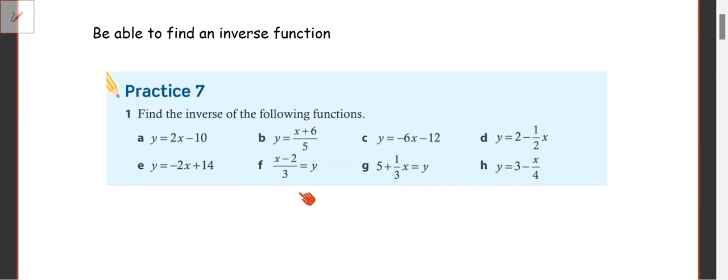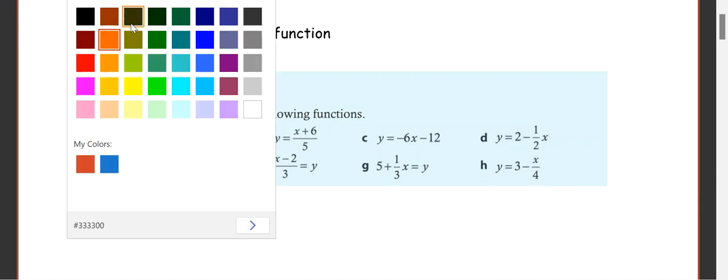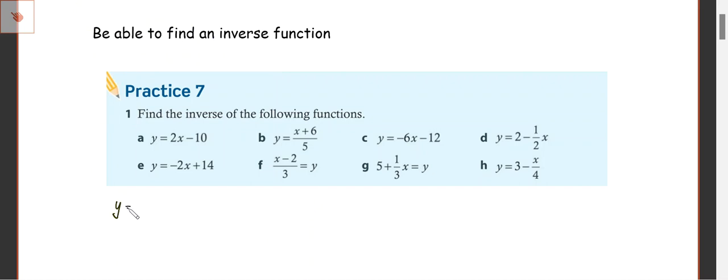So, find an inverse function. Do you remember what a function machine is? Something in it. Yeah, good. So we've got y, I'm going to do this first one with you. y equals 2x minus 10.